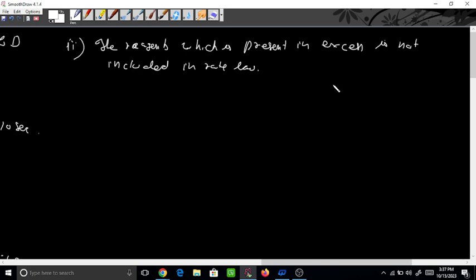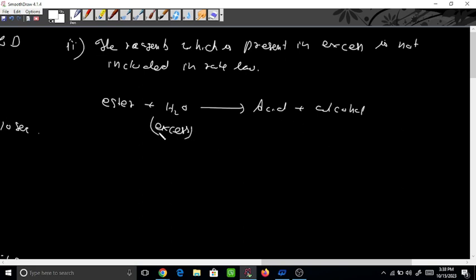How? You have one example: ester plus H2O reacts and forms acid plus alcohol. So this water we are taking in excess. What is the meaning of excess of water? See, suppose you want to cook rice, but you don't want to cook it in your kitchen.